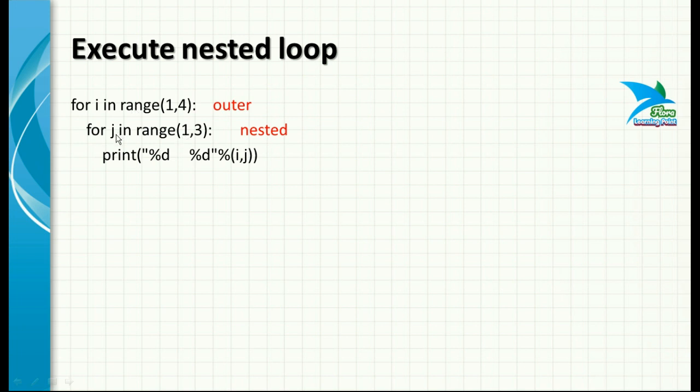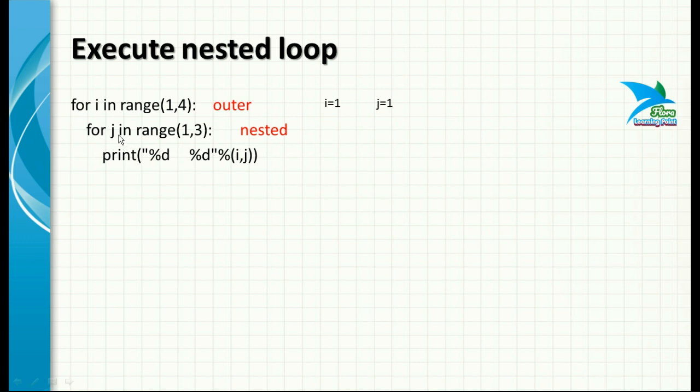The initial value of j is according to this range, so it will be 1. Presently the values of I and j are both 1. So when this line executes, it will print I equal to 1 and j equal to 1.